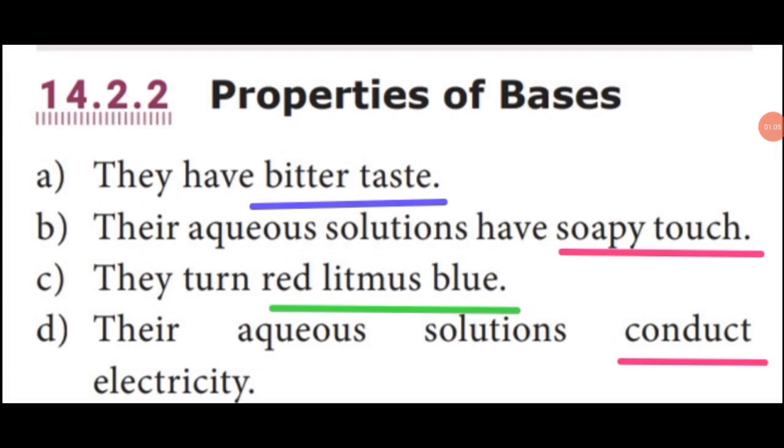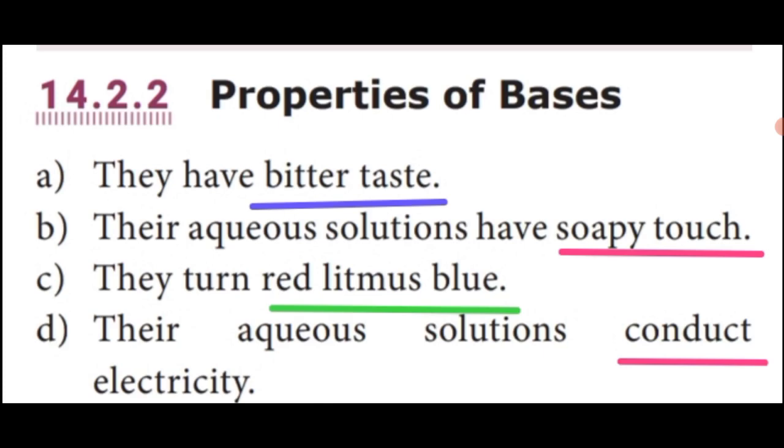Let's see the properties of bases. The first property is they have a bitter taste. So every base has what taste? Bitter taste. The second property, their aqueous solutions have a soapy touch.